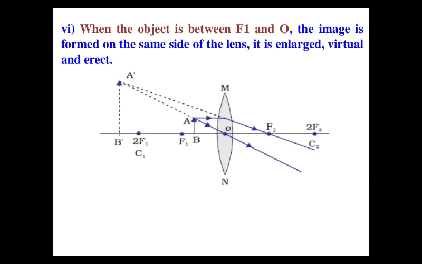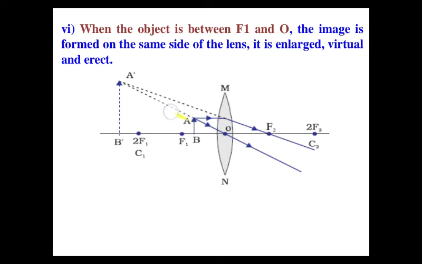And the last case in the convex lens is when the object is between f1 and O, means the object is placed at a very near distance from the convex lens. In that case we will show in the same way two rays of light, one through the optical center, but we can see that these two rays of light are not meeting, they cannot meet because they are diverging on this side, and diverging lines can never meet.